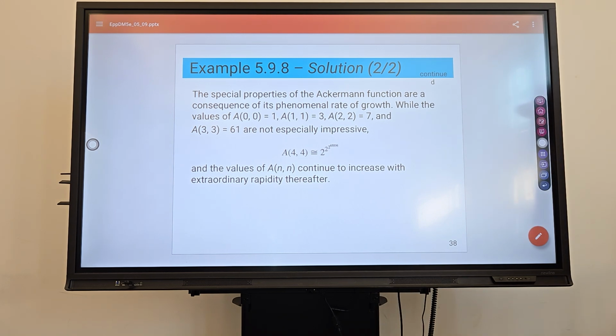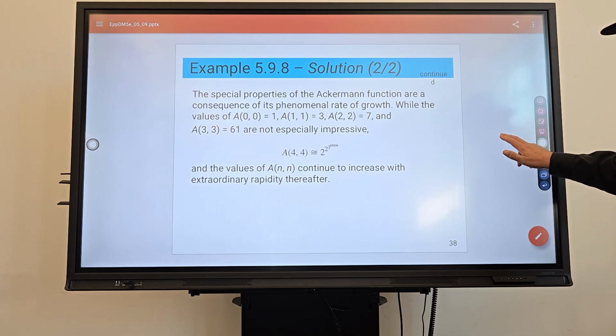The values of A of 0 and 0, A of 1 and 1 equals 3, and A of 2 and 2 equals 7 are not especially impressive, but A of 4 and 4 is approximately equal to 2 to the 2 to the 2 to the 65,536 power. And the values of A of n and n continue to increase with extraordinary rapidity after that.